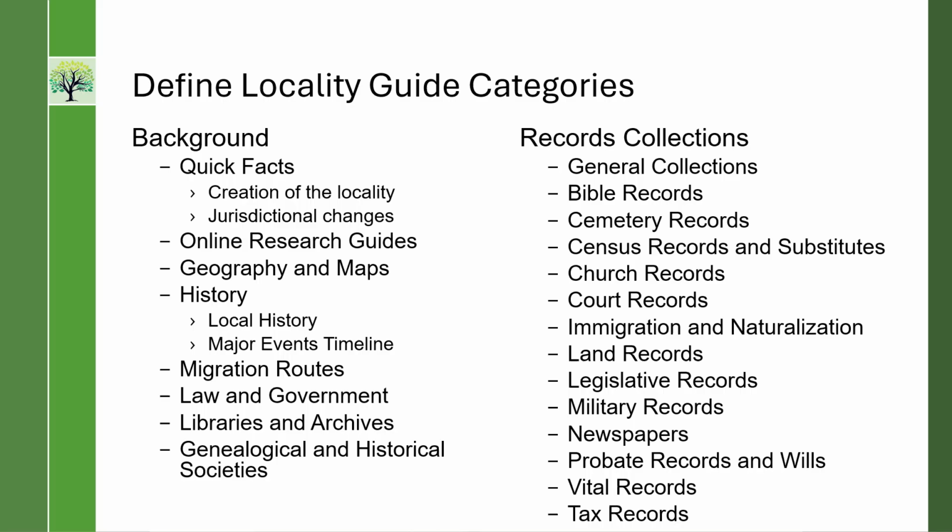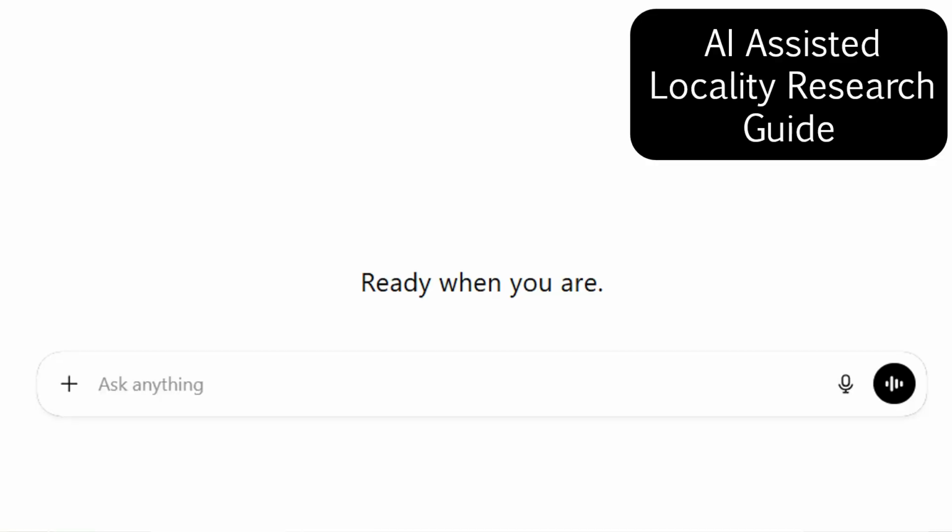What you put in is up to you, but my locality guide has these areas of information in it. That's pretty extensive, and that's a lot of work to find all of this information for a new location. So let AI do some of it for me. I'll fine tune. I start with what it gives me. So I give it this document right here, what you see on the screen.